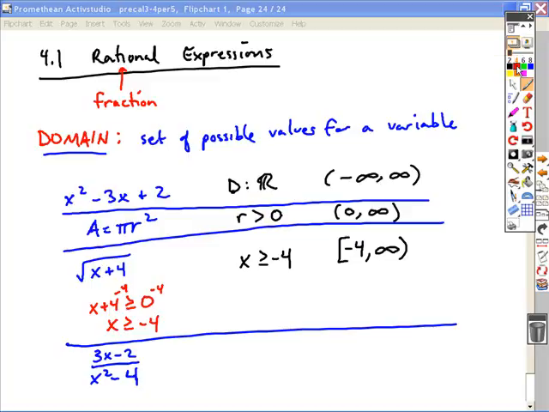You can never have a 0 in the denominator, right? So what you'll need to do on this type of expression is identify what factors would give you a 0 in the denominator.